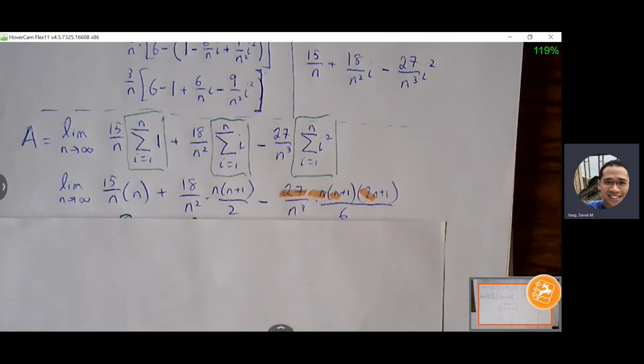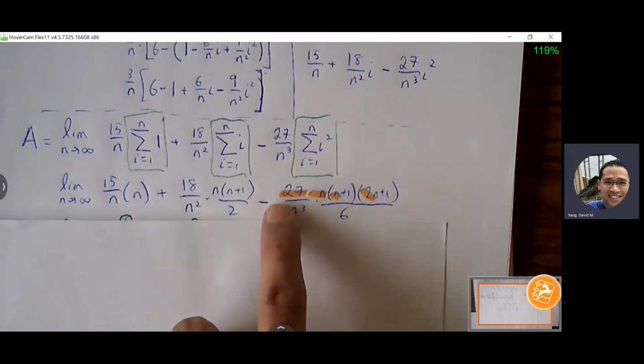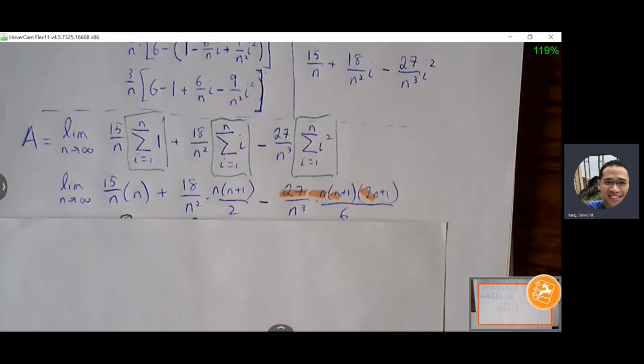A lot of foiling out, but we can do a bit of a shortcut. We know that there are multiple terms produced out of that, but only the first term with the highest degree is the one we care about. So just worry about multiplying the 27, the n, and 2n, and that's enough to help us get the ratio we need to match with the denominator.